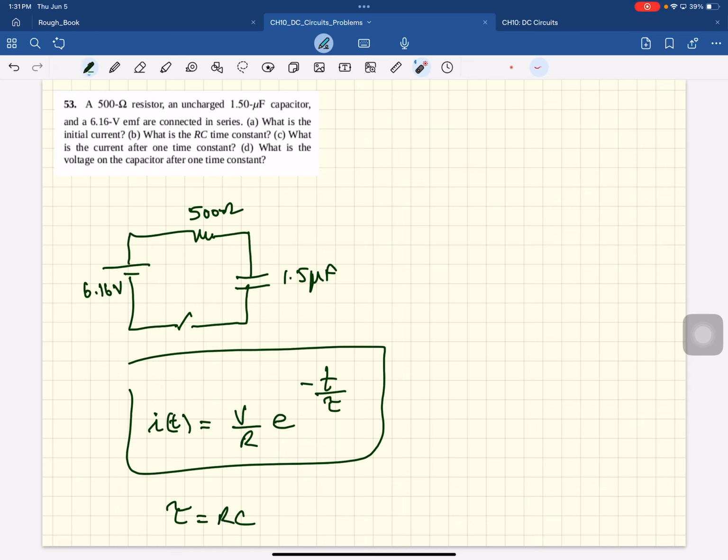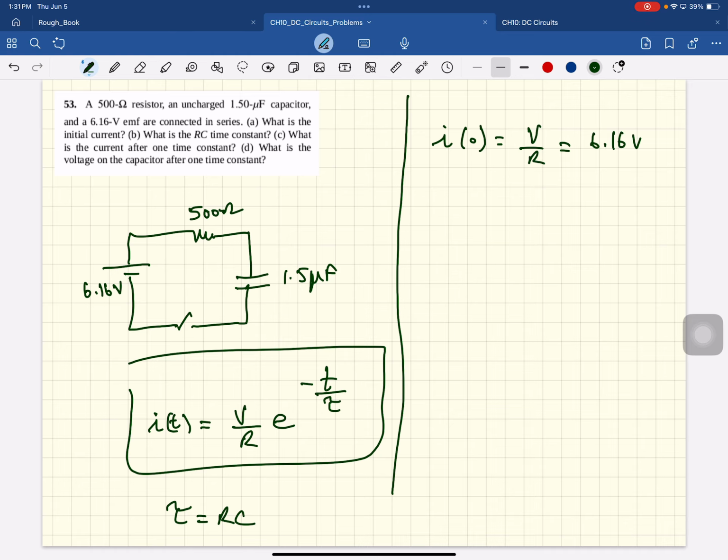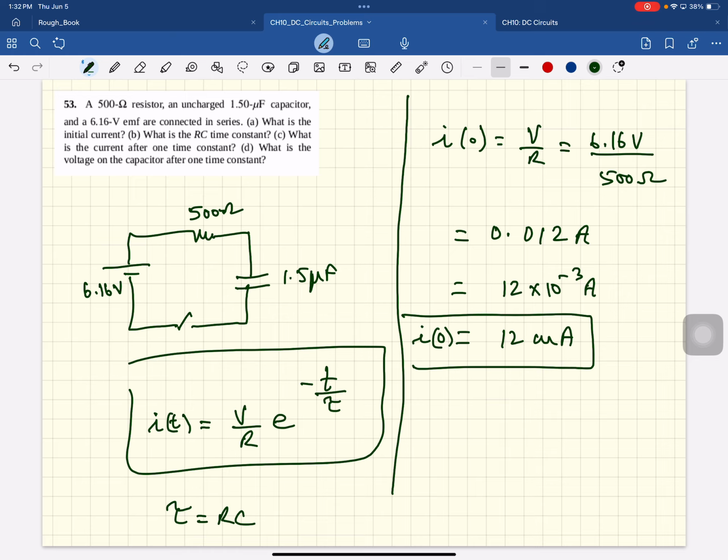So the initial current is V over R. In lab, we'll deal with a lot of milliamp currents.